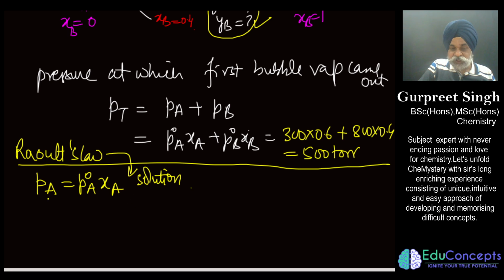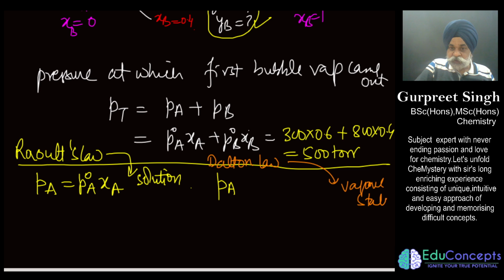The vapor pressure of A from Raoult's law can be evaluated by multiplying the mole fraction of A in liquid state with the vapor pressure of pure A. And PA could also be determined from Dalton's law, and Dalton's law is applicable for the vapor state.